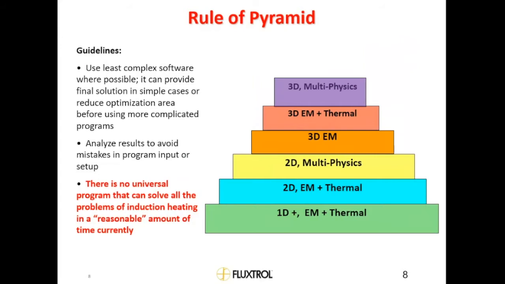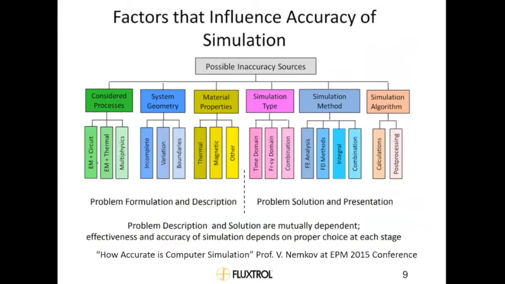And what we found is oftentimes you can get 90% of the effort done just using 2D in a very reasonable amount of time, because the 2D solves now are very practical. So what are some of the factors that influence the accuracy of simulation other than whether I am doing a 1D, 2D, or 3D problem?